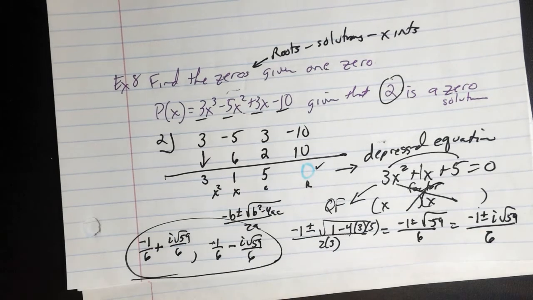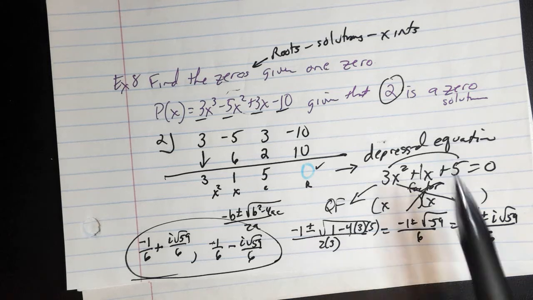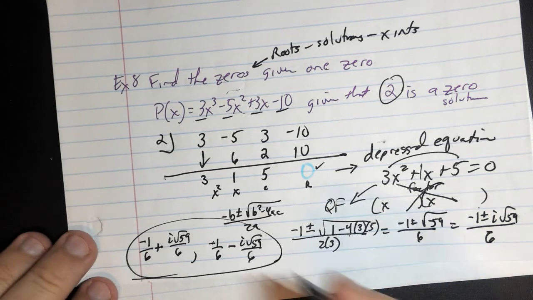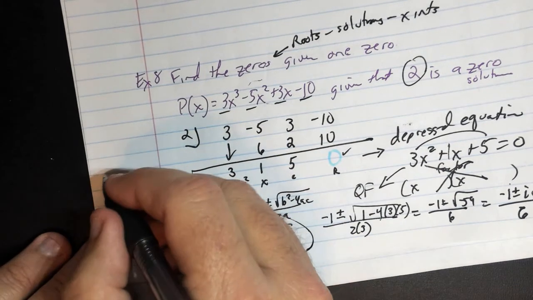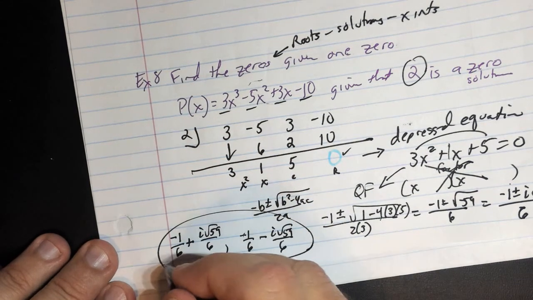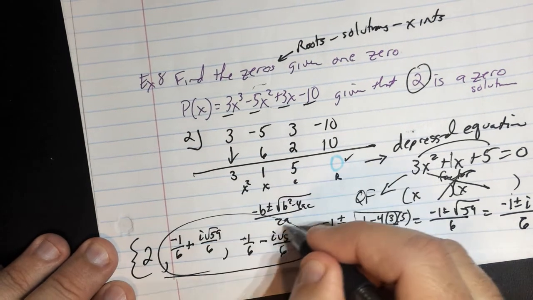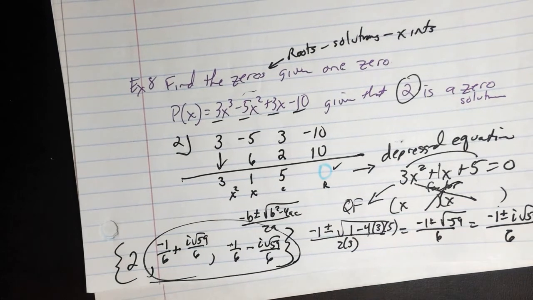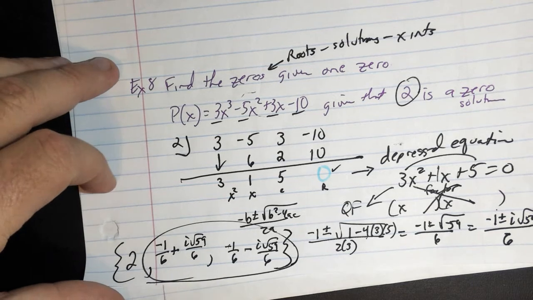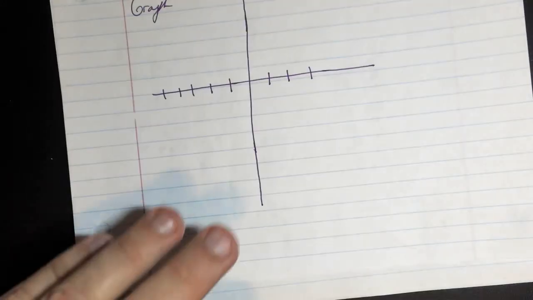So those are my other two solutions along with the 2, which means you also have to include the 2. So your final answer is each of those and then also 2 in front of that. Okay? Because those are all the answers. That's the example 8 they give you. And again, it's in your book if you want to see it.